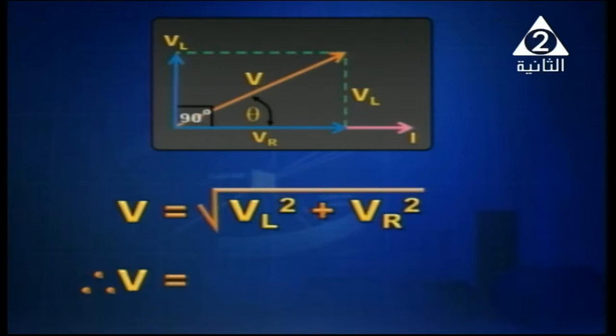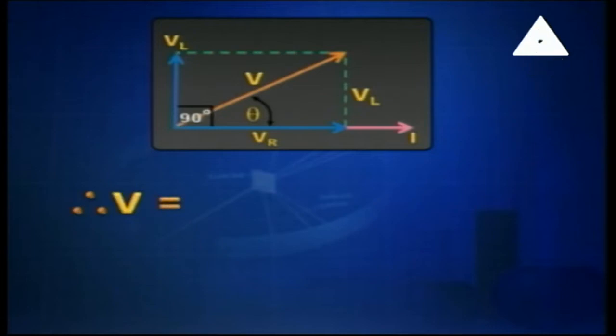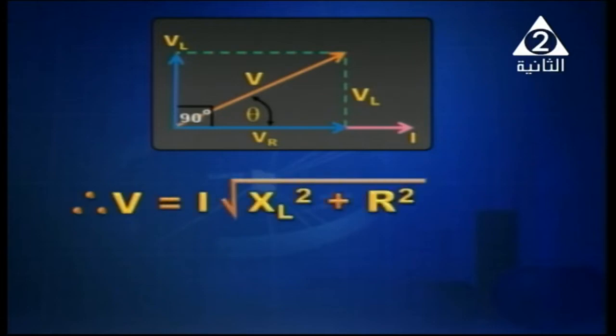We can say V is equal to the square root of VL squared plus VR squared, where VL squared equals I squared XL squared, because VL is equal to the product of I and XL, and VR is equal to the product of I and R. So VR squared equals I squared R squared. Of course, I squared will be taken as common factor, and out of the square root will be I. So V equals I times the square root of XL squared plus R squared.